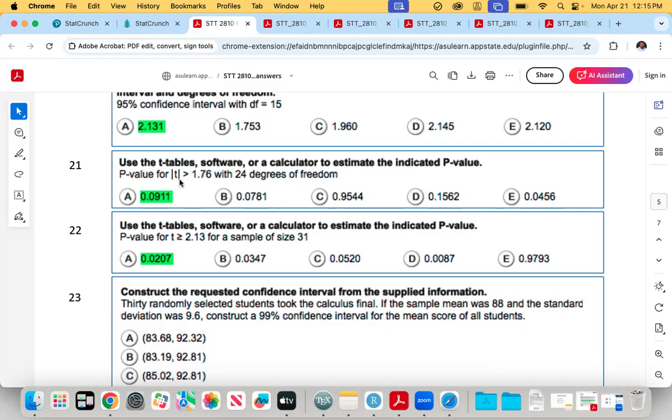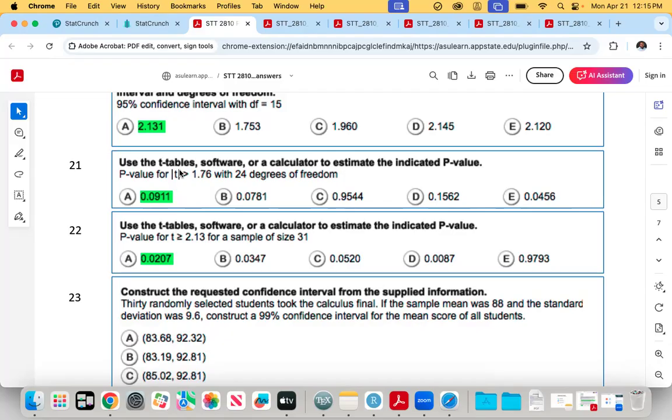You can see this T here doesn't have an absolute value by it. That is a one-tailed test. Since the T has an absolute value symbol by it, it is a two-tailed test. So you take note of that, two-tailed test.